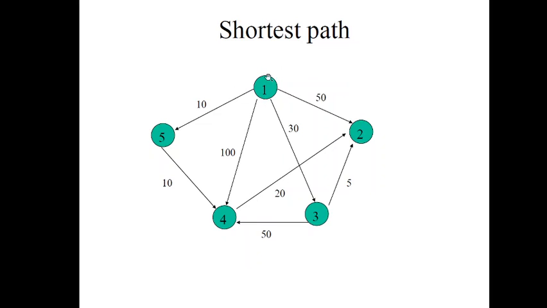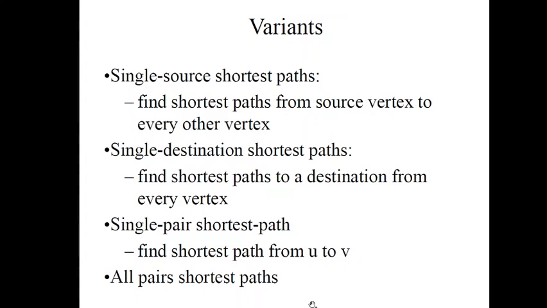One vertex is taken as the source, then the shortest path from that source vertex to all other vertices in the graph is computed: 1 to 5, 1 to 4, 1 to 3 and 1 to 2. These are the different types of shortest path problems. Single source shortest path: find the shortest path from the source vertex to every other vertex present in the graph.